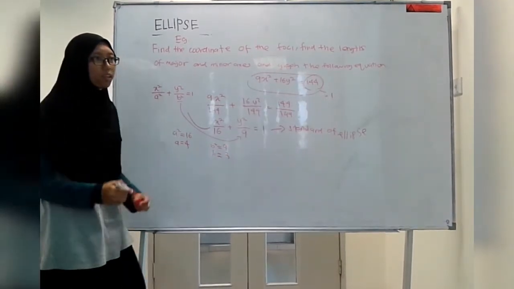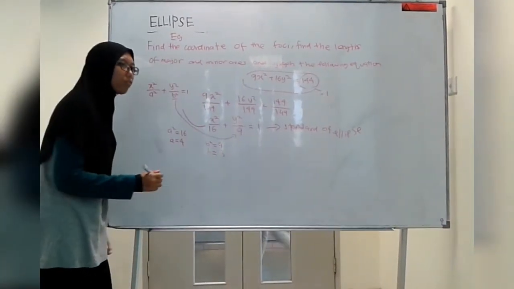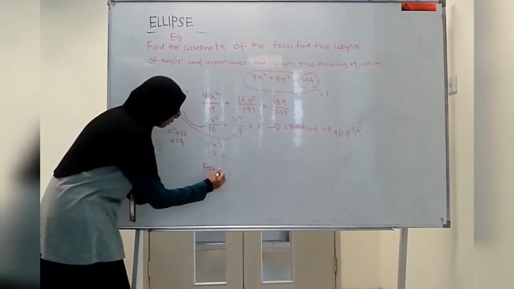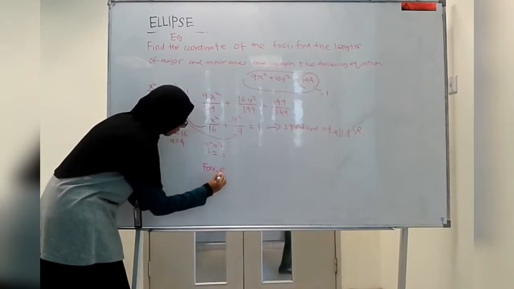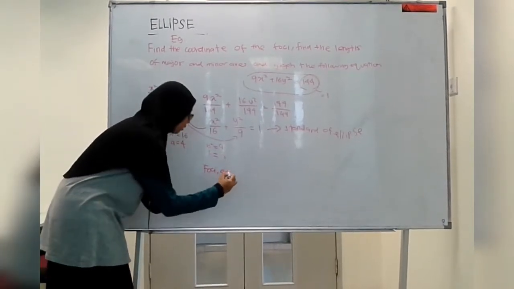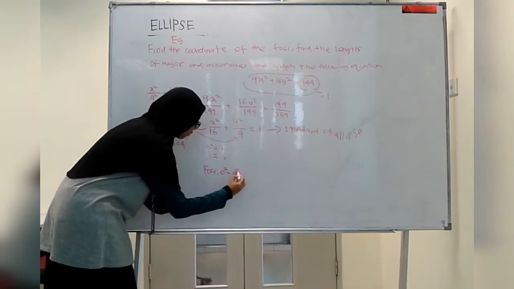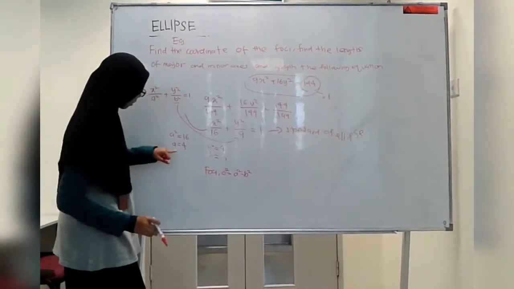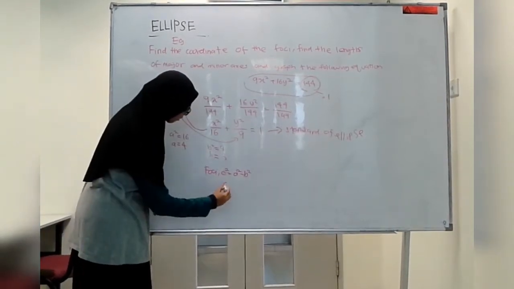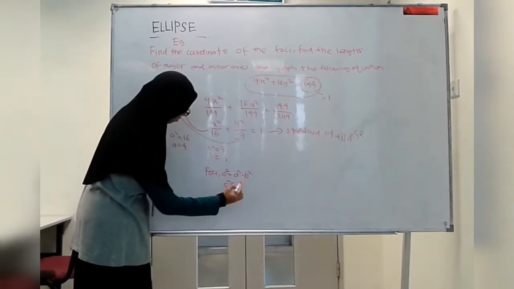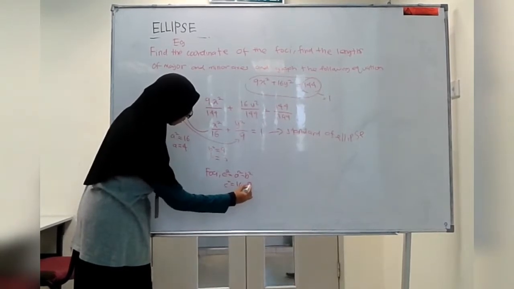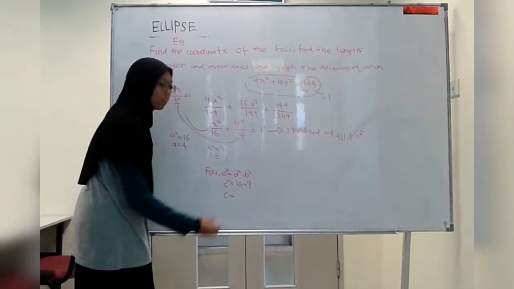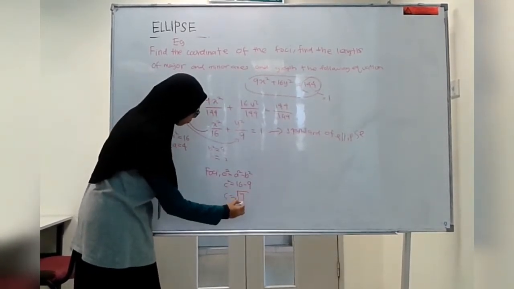And then we must find the foci length. The formula to find the foci, which is c, is c squared equals a squared minus b squared. And then we plug in the values of a and b. c squared equals 16 minus 9, and c we get square root of 7.